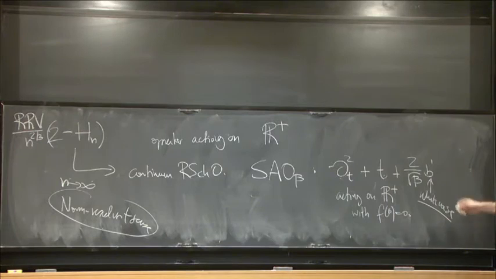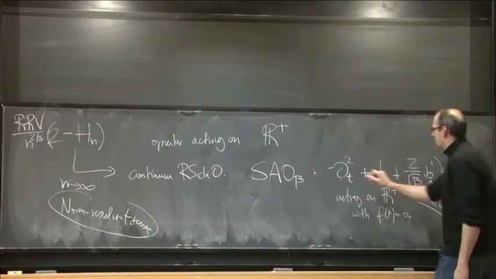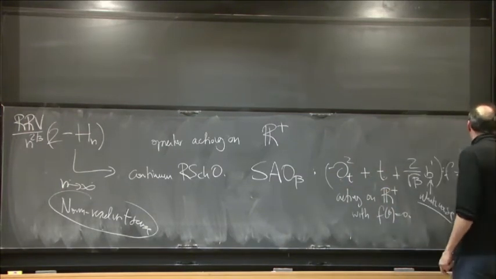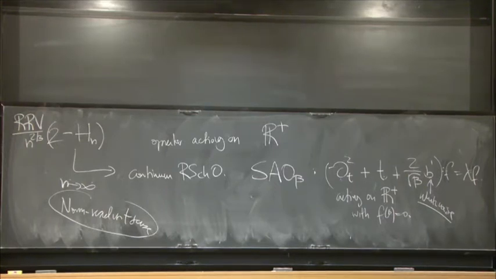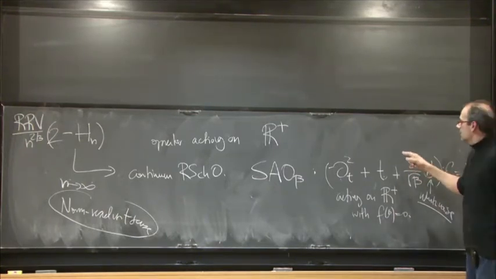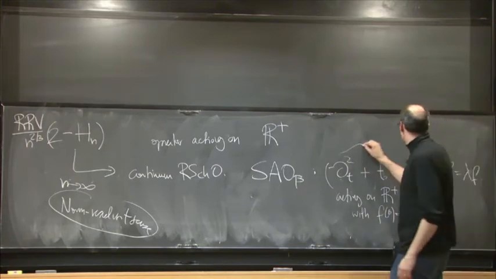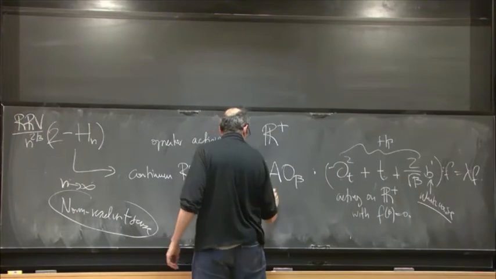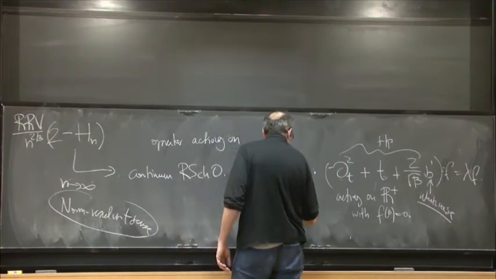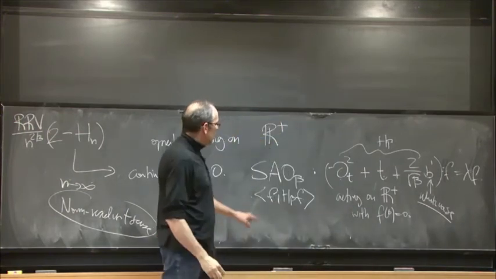You can get a solution of this applied to f equal to lambda f. And in fact, you can look at all solutions, and they're going to be exactly the eigenfunctions and the eigenvalues that you're looking for. So that's a simple way to define it. You can also define, if you call this h beta, a quadratic form, f, h beta f, okay?